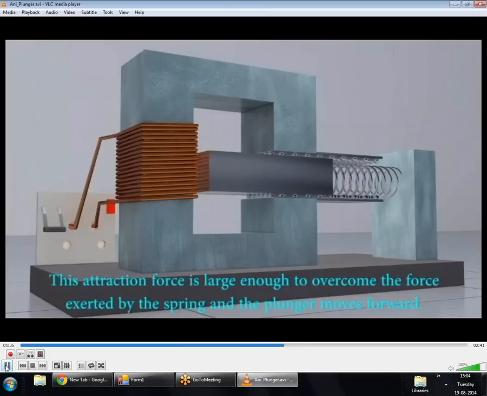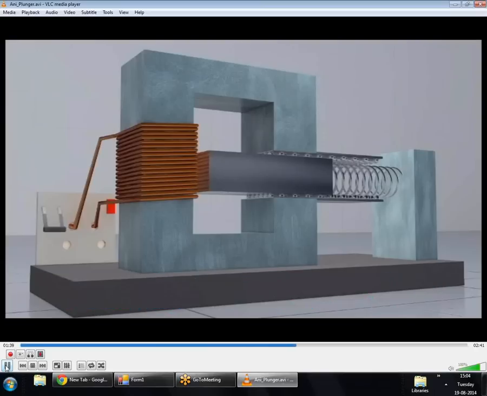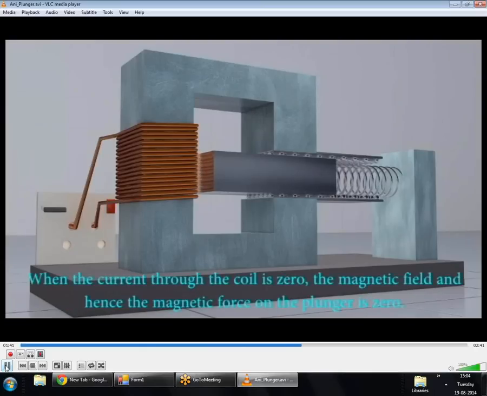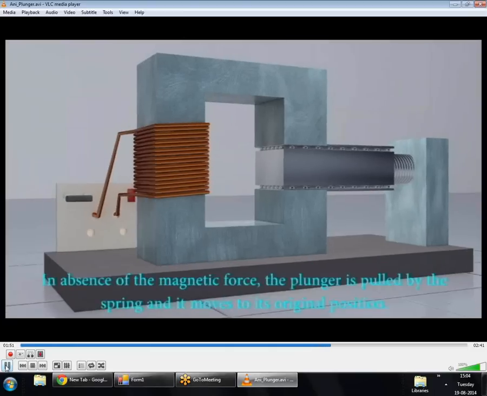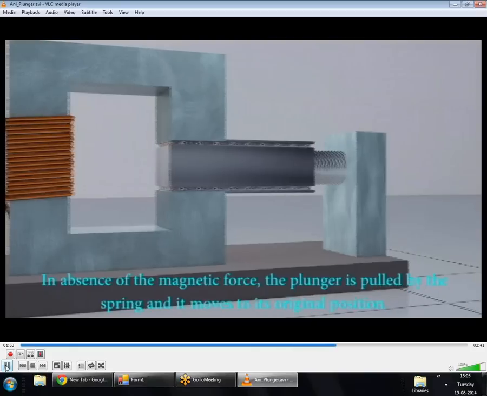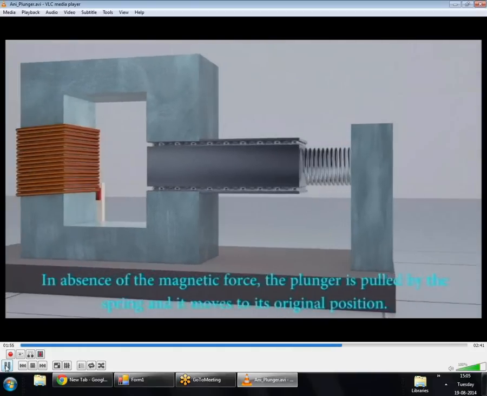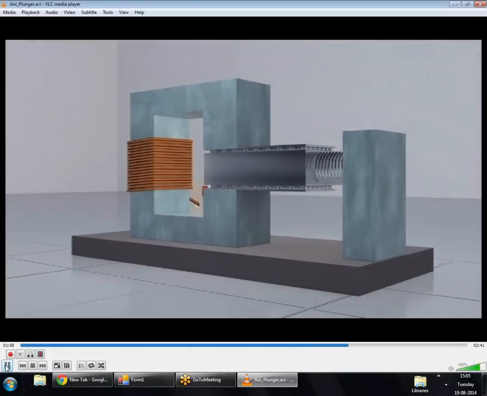As long as the current exists, the magnetic force keeps the plunger in its position. When we release the current, the spring comes back to its original position and pulls the plunger back. So this is again a mechanism which produces linear motion.